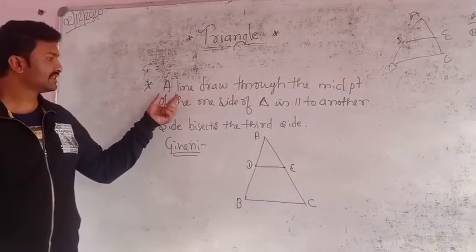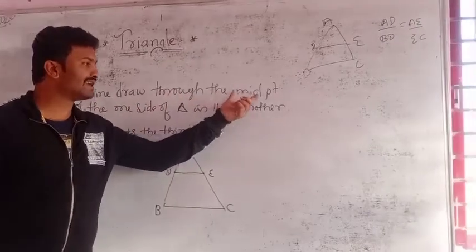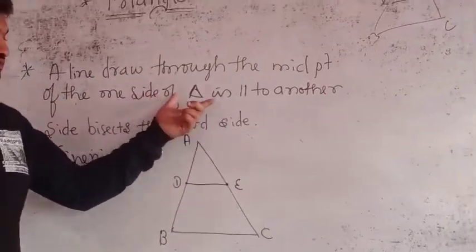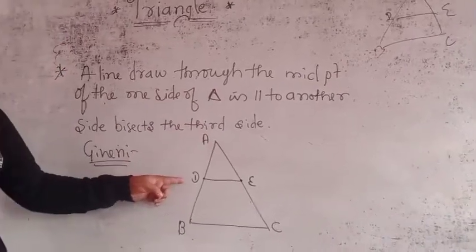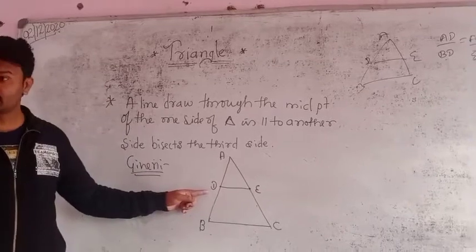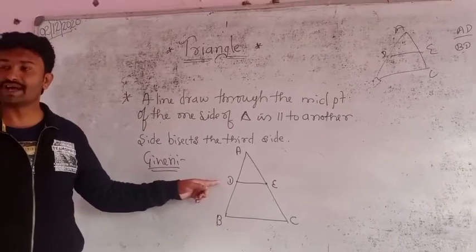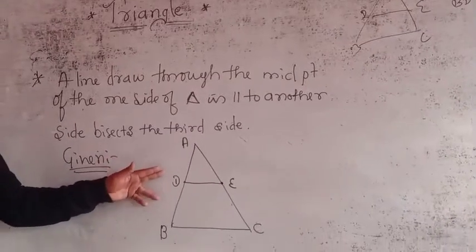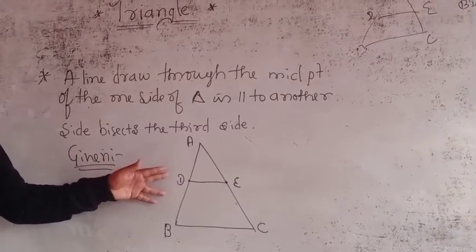Okay, next question. A line drawn through the midpoint of one side of a triangle. Means in triangle ABC, D is the midpoint. This bisects the line segment into two equal parts; in 9th standard we discussed the midpoint.